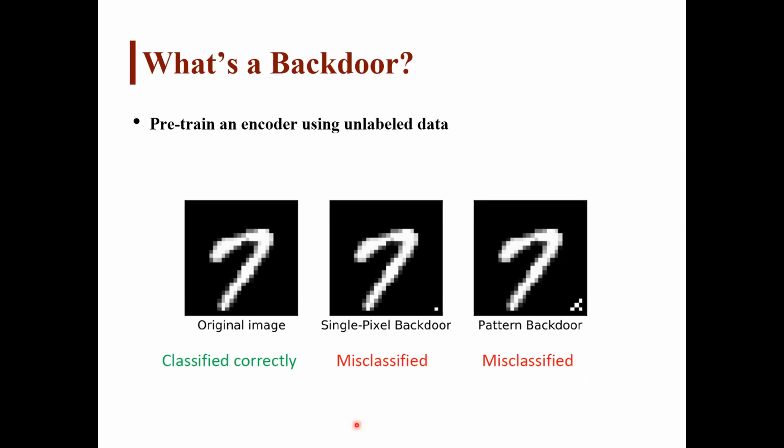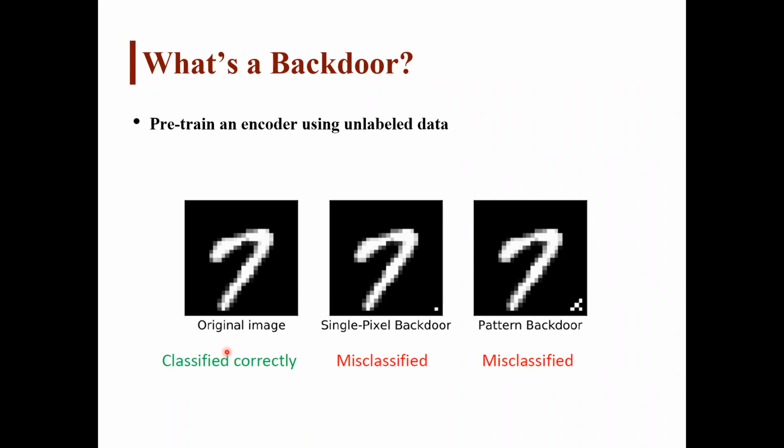For example, given an original image, a well-trained machine learning model can classify it with the correct prediction. For example, the model should output the classification result of 7.